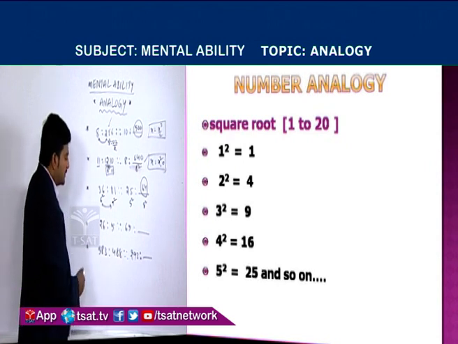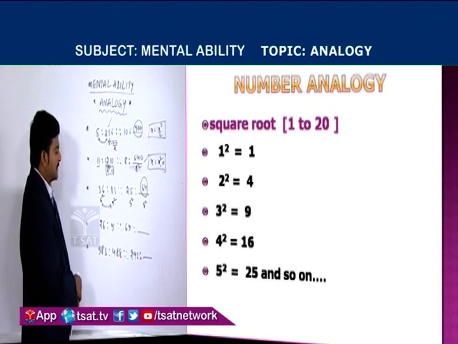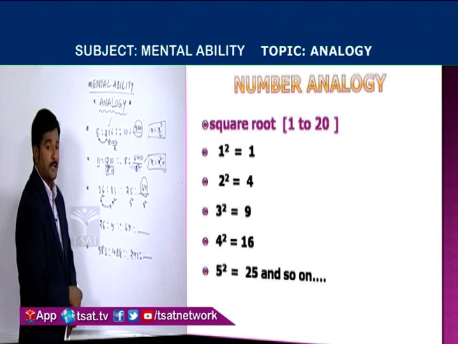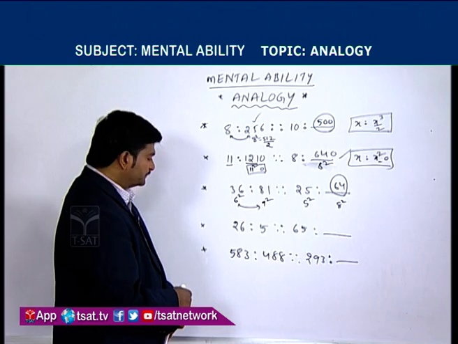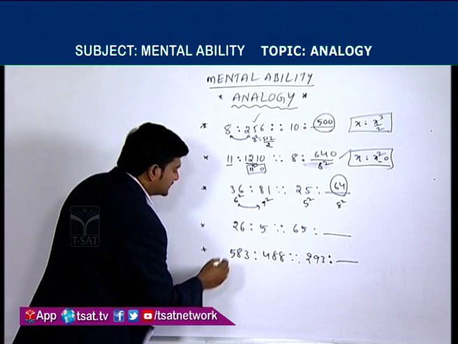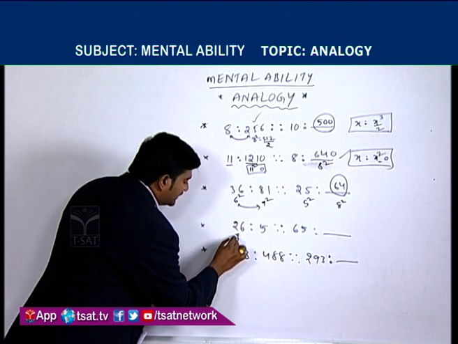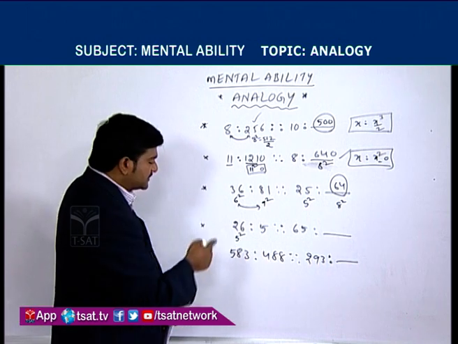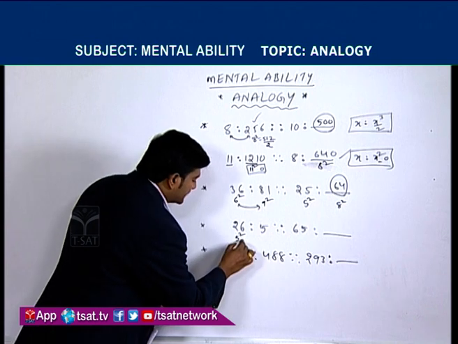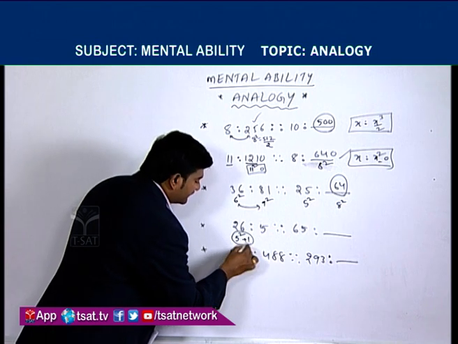Okay. So now observe here. This is also some kind of square logic. How? See, 26 we can write as 5 square, but is it only 5 square? No, 5 square plus 1.